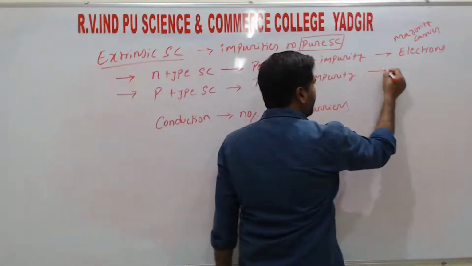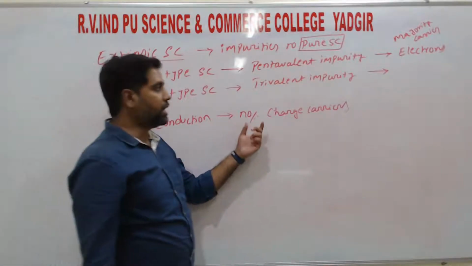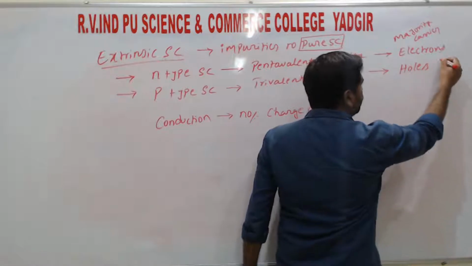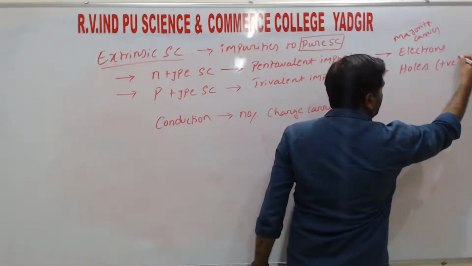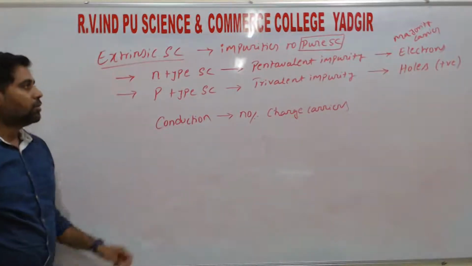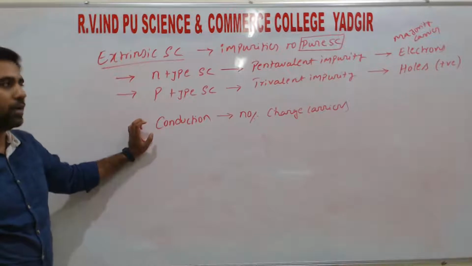Similarly, with trivalent impurities, the number of charge carriers again increases, but here they are holes. These we call positively charged carriers, right? So in the last class we discussed up to this point.